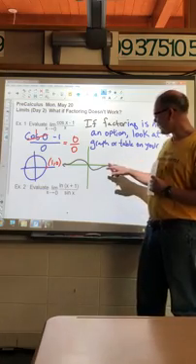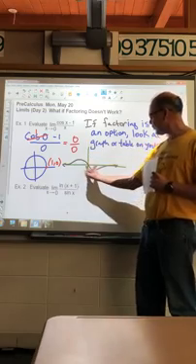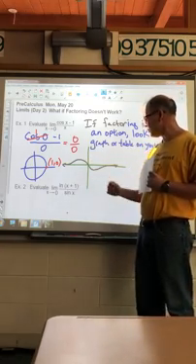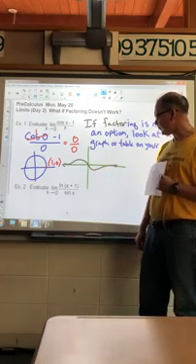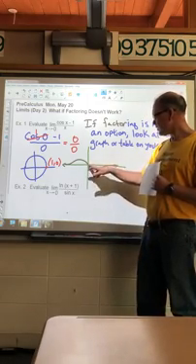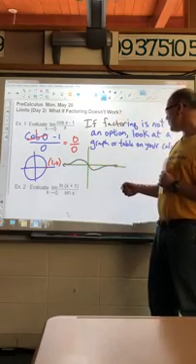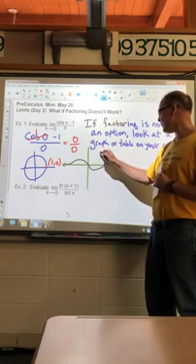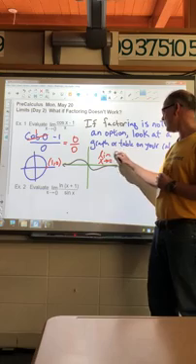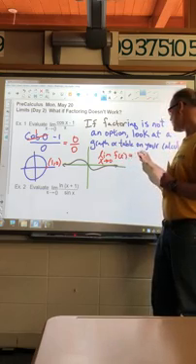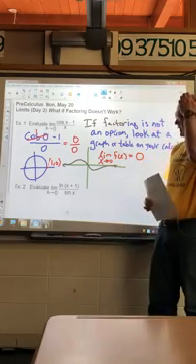So looking at the graph, if I'm moving along the curve and I'm getting closer and closer and closer to 0 for x, what y value am I approaching? So we'd be approaching 0, right? So the value of this limit as x goes to 0 equals 0. Okay.